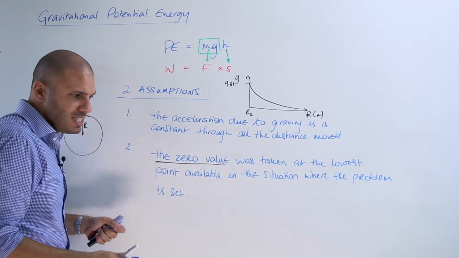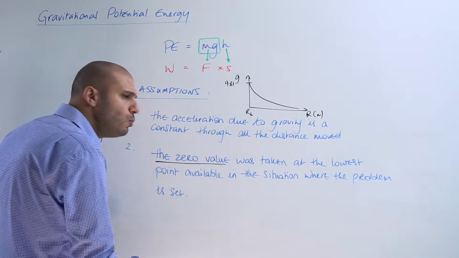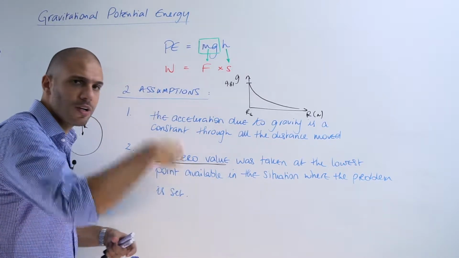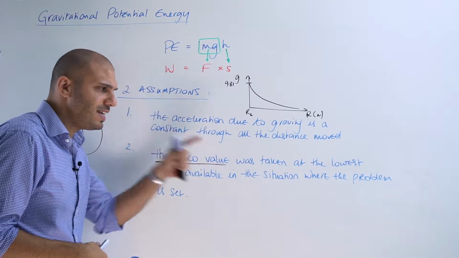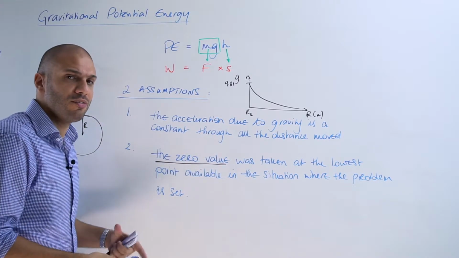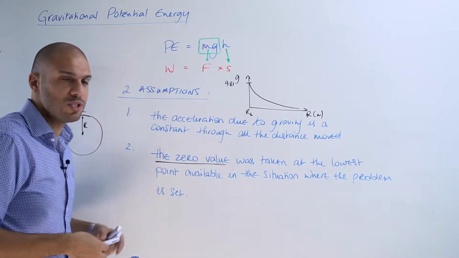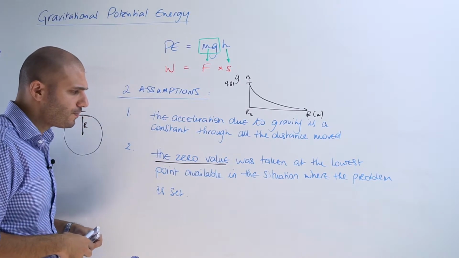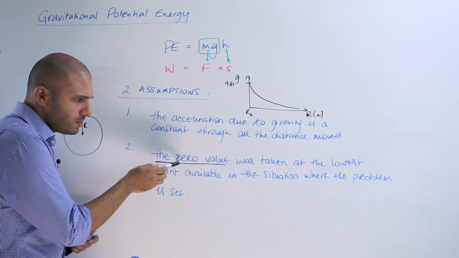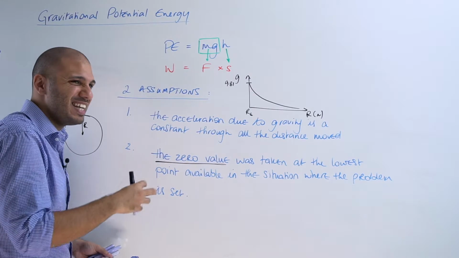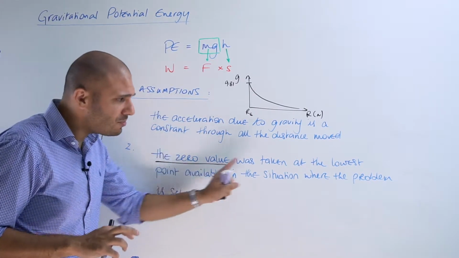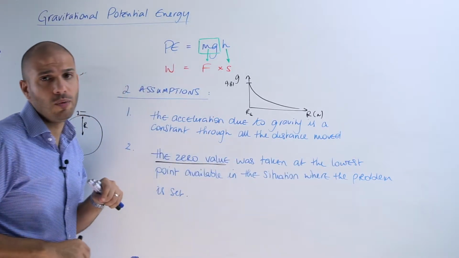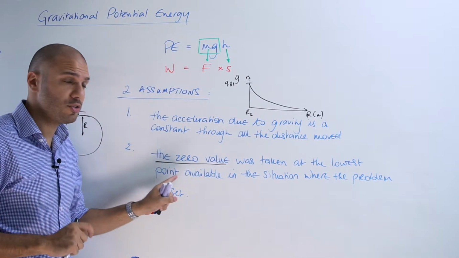And whatever force then would be required to move the marker back up, whatever work would be required, that would be equal to all the gravitational potential energy that was gained by the object. Now this concept of zero value being taken at the most convenient point will still be used, but definitely not at the lowest point available.